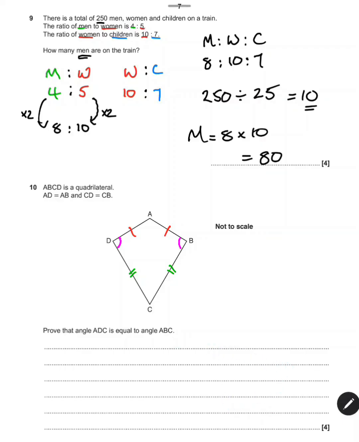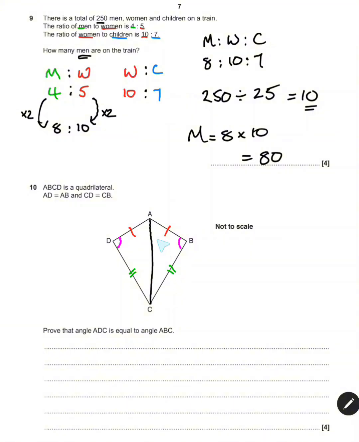Well, if we split this in two, what we've created is two separate triangles, and these triangles must be the same as each other. Okay, we've got two sides that match, a separate two sides that match, and a third side that matches.